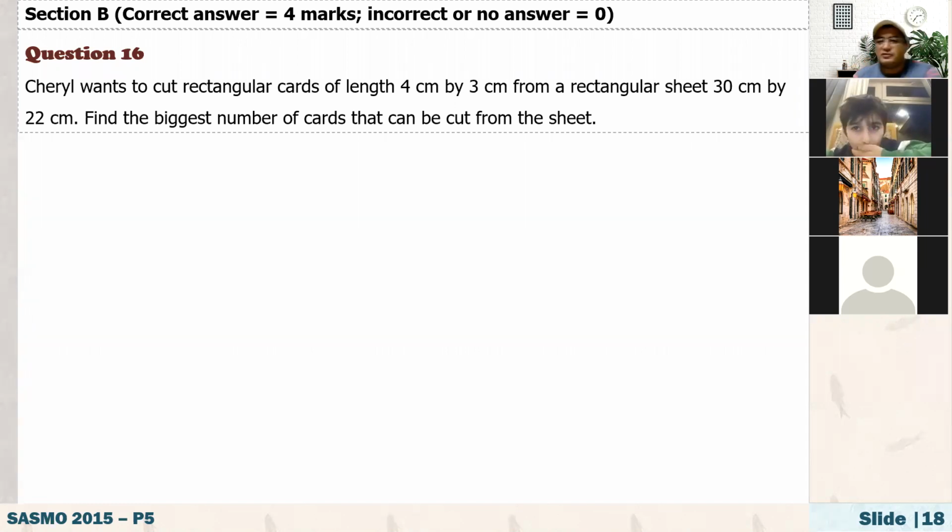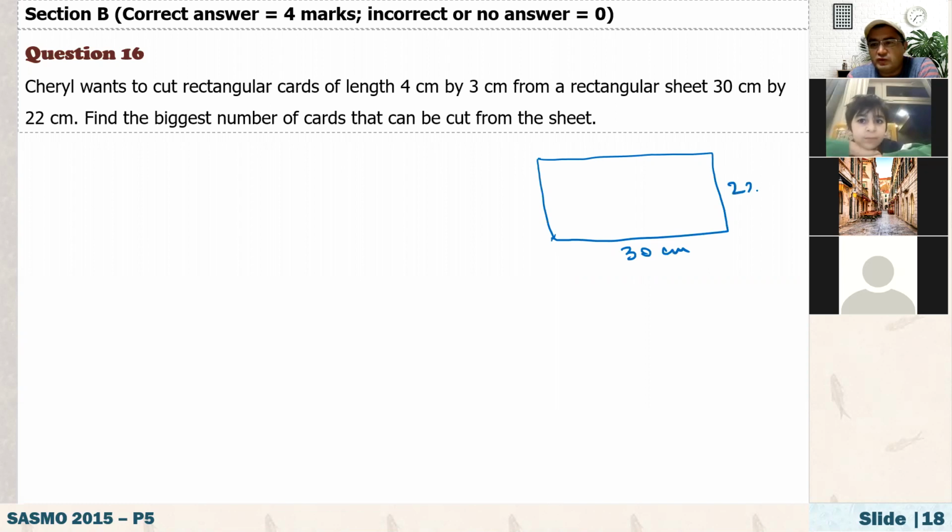Ayhan, did you understand the question? Here we have a big rectangular sheet, right? The length is 30 centimeters, the width is 22 centimeters. Now from here, we are going to cut out some smaller rectangular cards, which are 4 by 3. The question is, find the biggest number of cards that can be cut from the sheet.